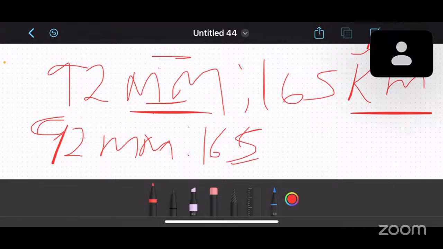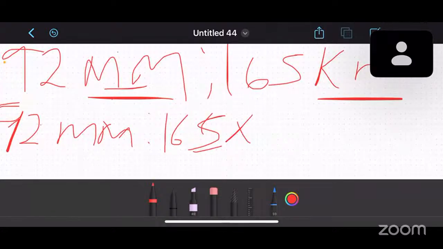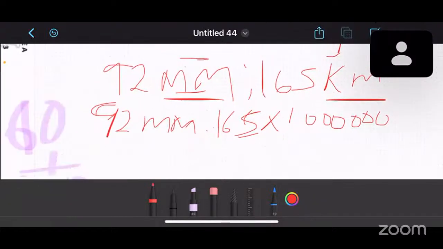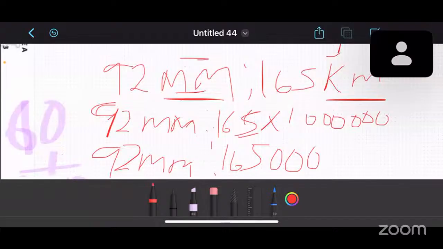We multiply, by a million. So that means now we're going to have 92 millimeters is to 165 million millimeters, right?